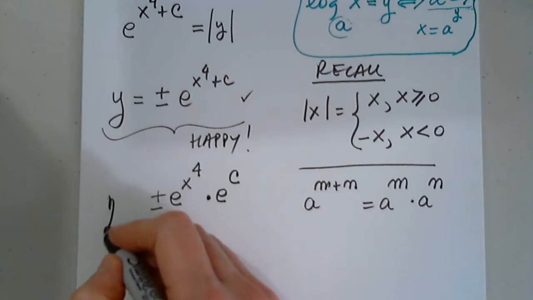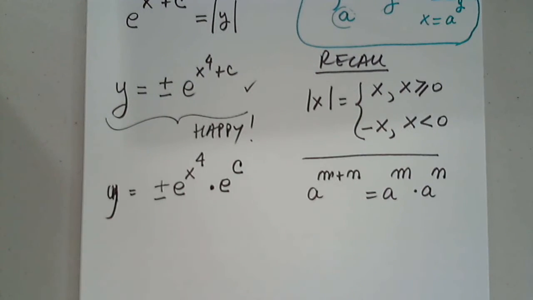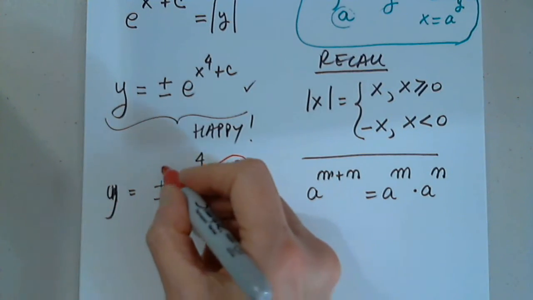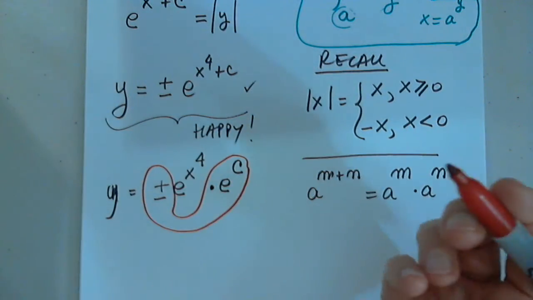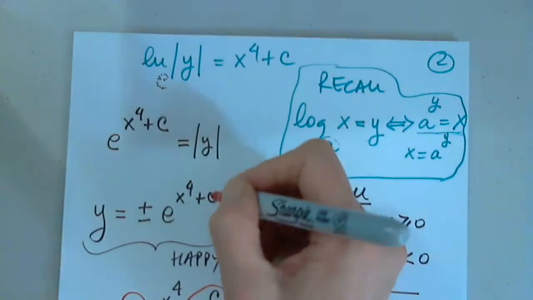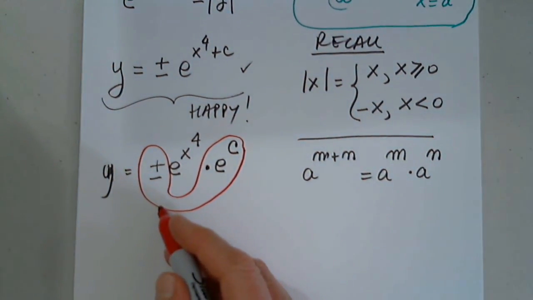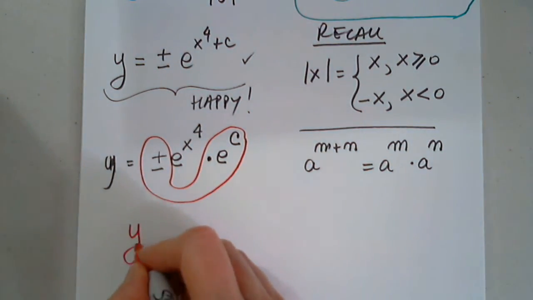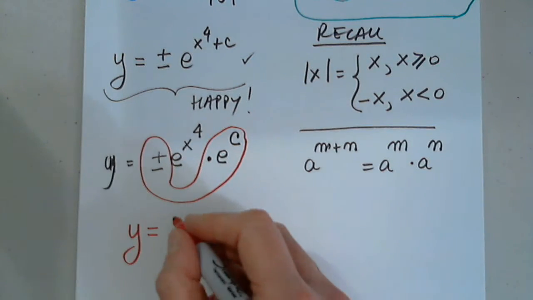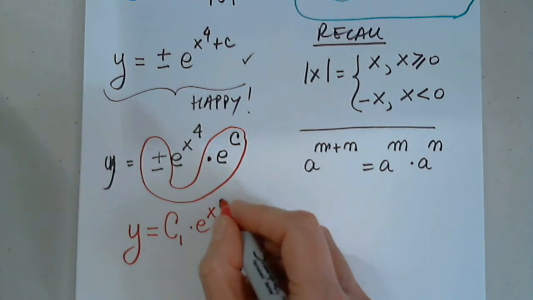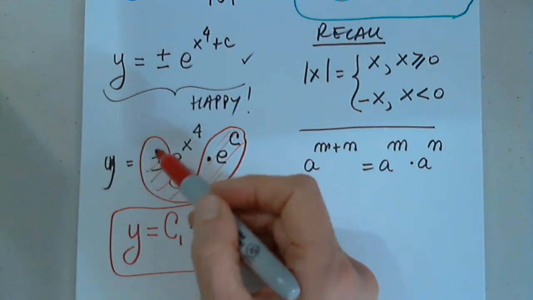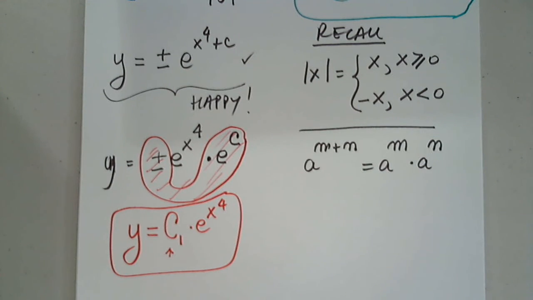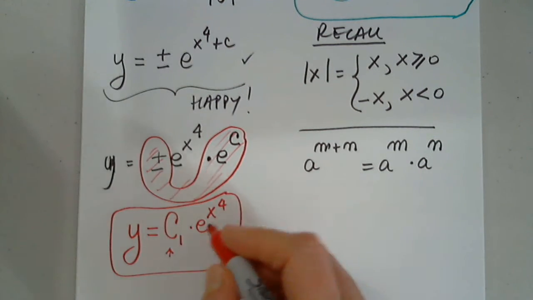Okay, so then this will be our y. One last step. We like to simplify things, so we're going to call all this any letter you want. I could have used C1 here to make this one into C. It doesn't matter. But the simplified form will be a constant. I'm going to call it C1 times e to x to the fourth, where this is C1. And this is the condensed form.